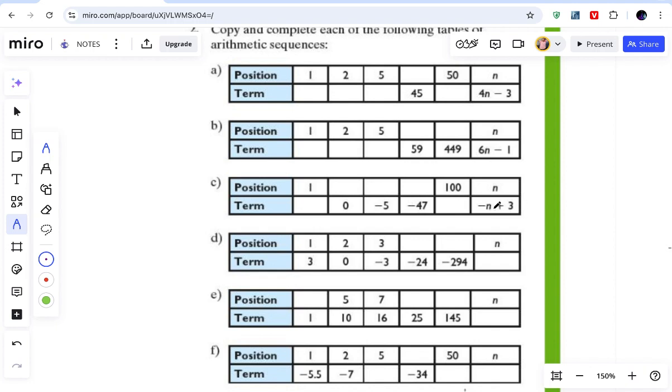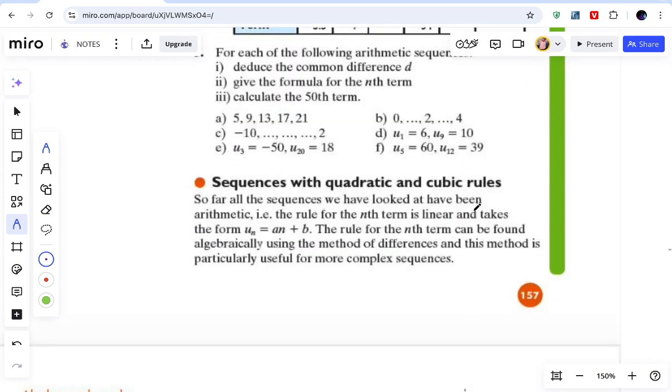You already know the n term, so if n is 1 and the n term is n plus 3, you get 1 plus 3, which is 4 here. So you start to use this to calculate all the numbers here. Pause this and do the next one.